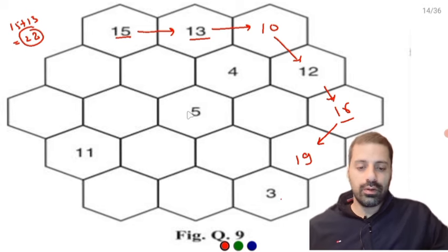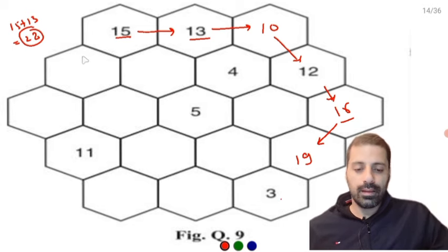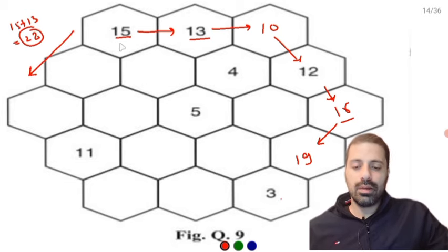Now what do I do? I just complete this one now. 15 and 14 is 29, and 29 and 9.